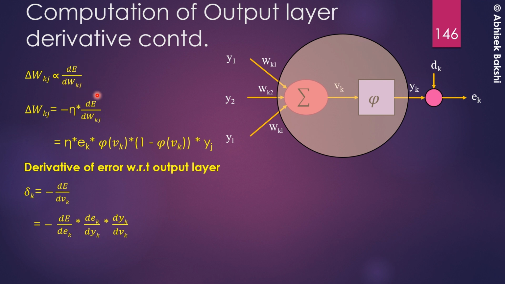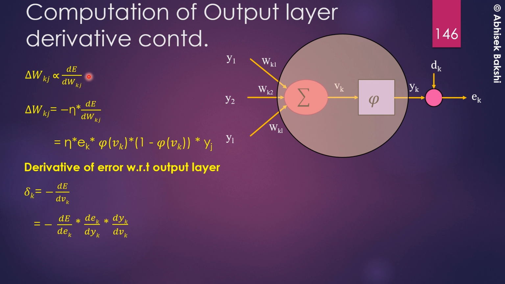We have seen that based on gradient descent rule, right? So the delta w, the changes of w will be directly proportional to the gradient of the error with respect to W, and that is what I have written here.